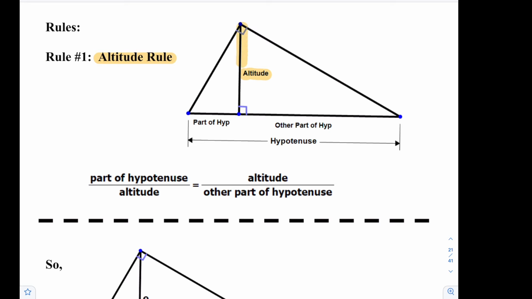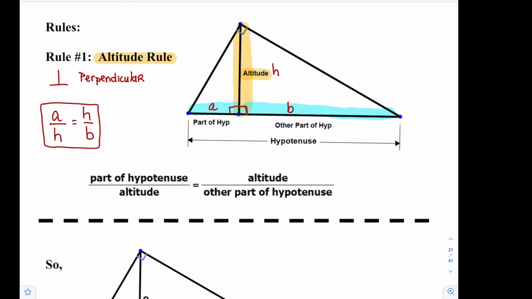If one of the pieces of the problem that we're given is the altitude, and the other parts are the pieces of the hypotenuse that are broken up by the altitude there, then when I highlight that situation, it kind of looks like the perpendicular symbol, or an upside down T. So when we have those particular pieces, we can set up the altitude rule where we have the altitude h as the geometric mean, and the other two parts of the hypotenuse are the two numbers that fit into the other parts of the proportion. This is a very useful rule.